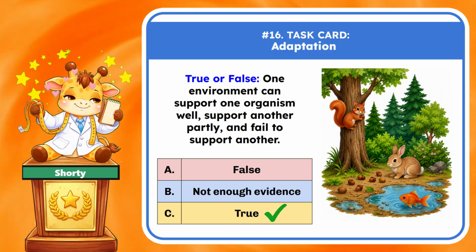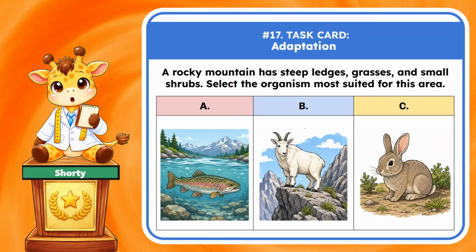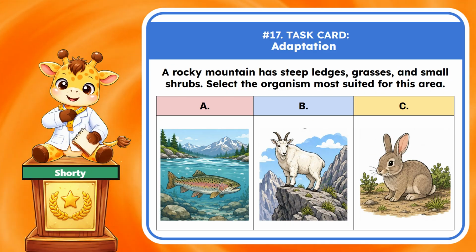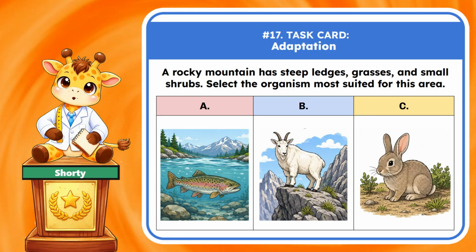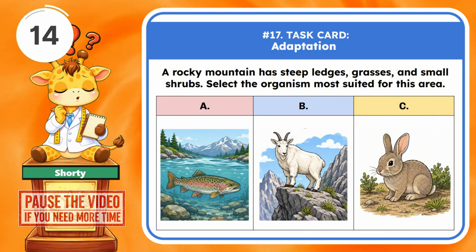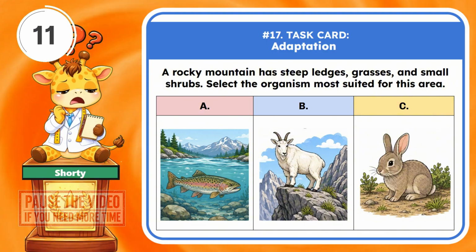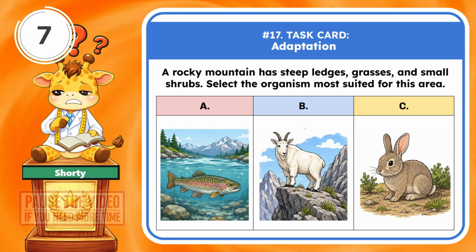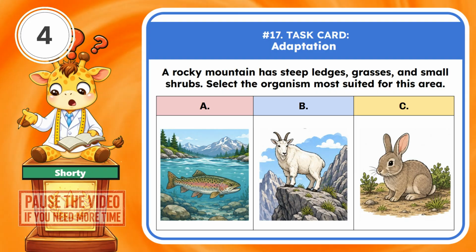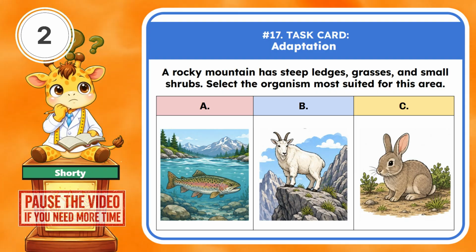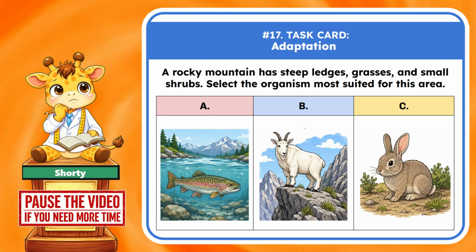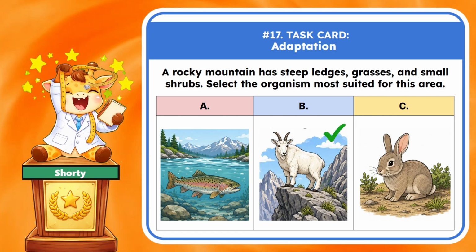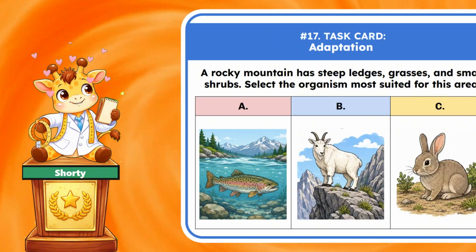Letter C, true. A rocky mountain has steep ledges, grasses, and small shrubs. Select the organism most suited for this area. And the correct answer is letter B, mountain goat on ledges.